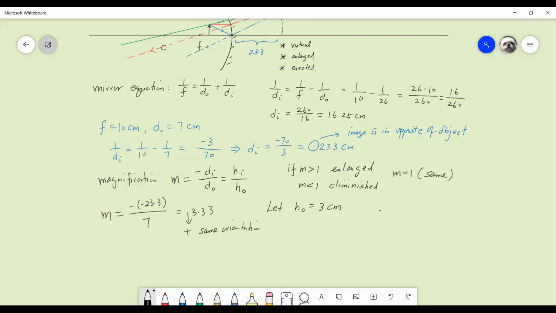Then I want to find the image height, so I'm going to use the magnification, which is equal to HI over HO, which is HI divided by 3. So therefore, what is HI equal to? HI will be equal to 3 times 3.33, which is 9.99.